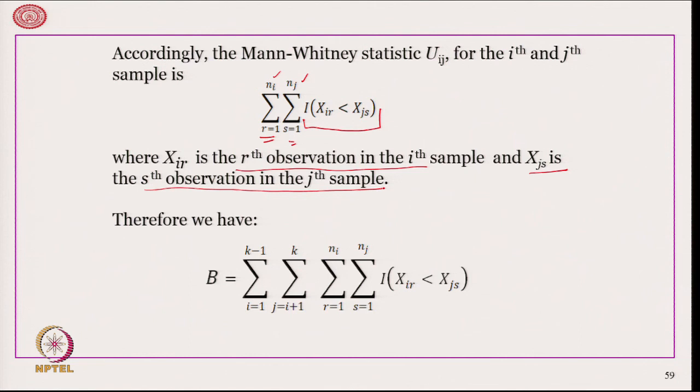Therefore, finally what we get, B is equal to the sum over i equal to 1 to k minus 1, j equal to i plus 1 to k, this we have already seen, and this part is replacing Uij from here, and this complicated expression gives us the value of B, the statistic.